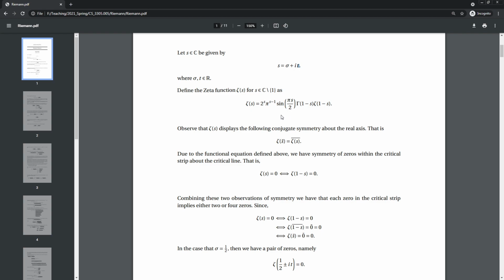But as you'll see, when we're manipulating it and setting up the problem, sigma and t will get moved around, so you just have to remember that sigma represented the original real part of s, and t was the complex input.